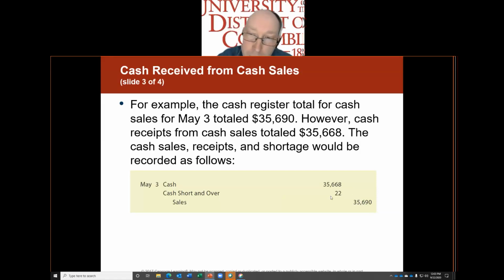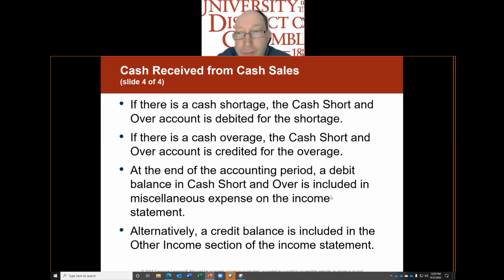It's very important. If there's a shortage, cash short and over is debited. If there's an overage, it's credited. At the end of the accounting period, a debit balance in short and over is included in miscellaneous expense on the income statement. Alternatively, it would be a credit to other income if it's over.